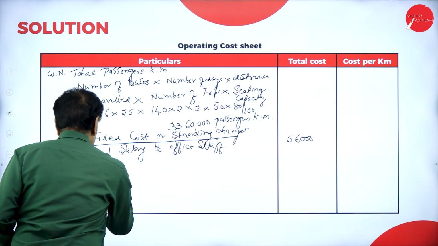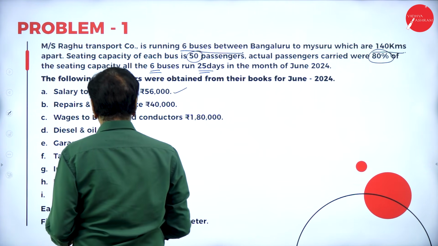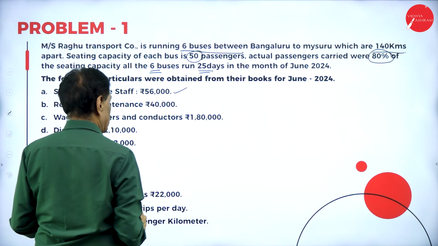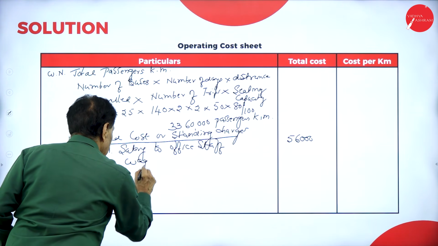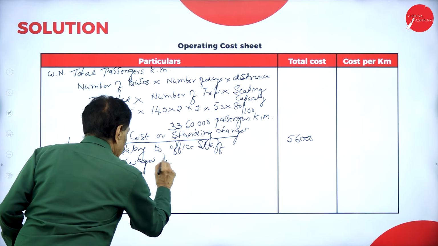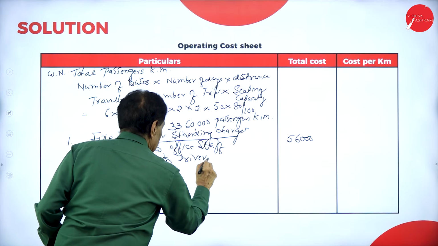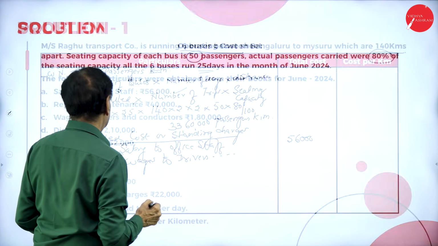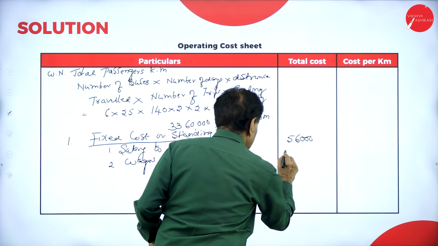Number 2, wages to drivers and conductors, 1,80,000.